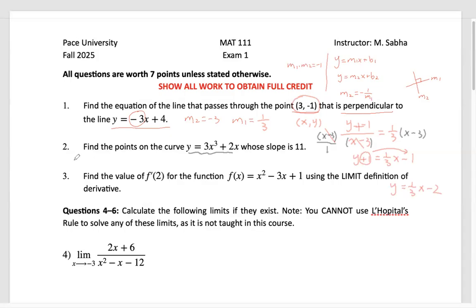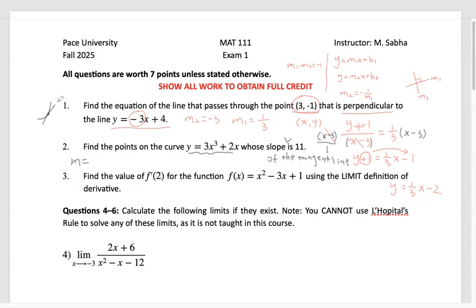Remember, the slope of the tangent line... the wording is no good. This should say the points whose tangent line slope is 11. Otherwise, it doesn't make sense. How can a curve have a slope?